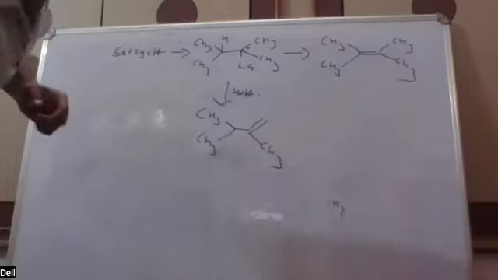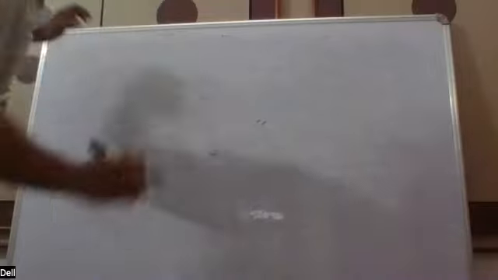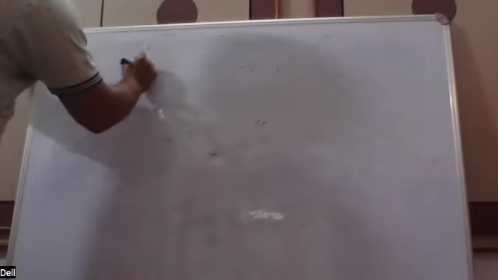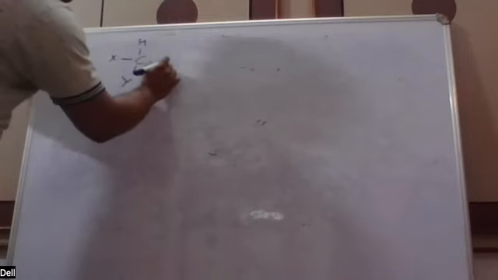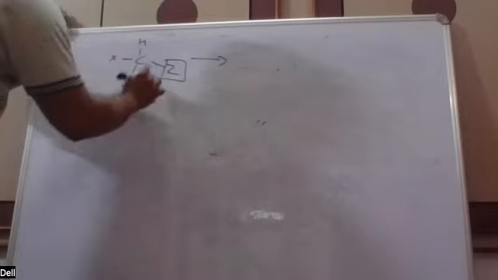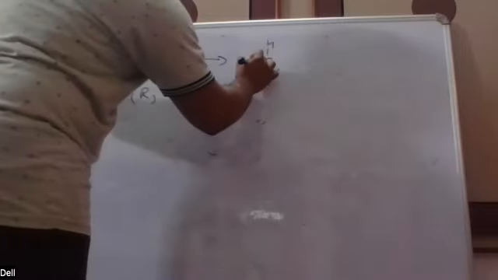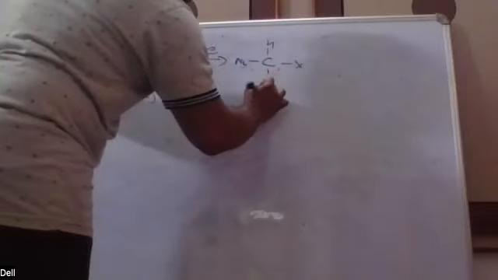Now, what is the difference between SN2 and SN1? In the SN2 reaction, if we have a chiral center with X, Y, Z as the groups, and Z is the leaving group, in the R configuration, then the nucleophile will attack and we will get a product with S configuration, and there will be 100% inversion.